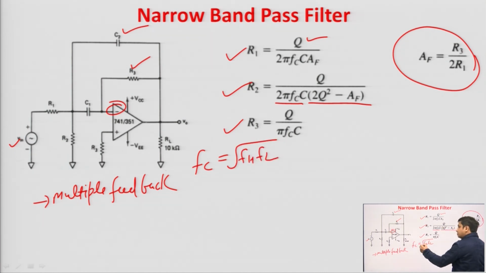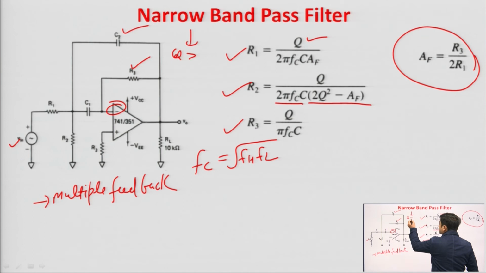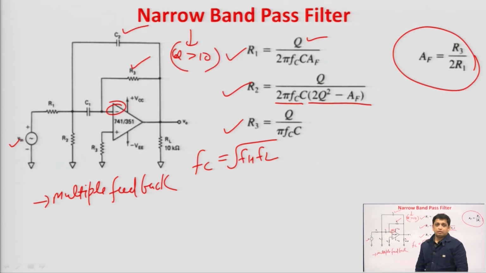That means under root upper cutoff frequency into lower cutoff frequency. So, in the narrow band pass filter the bandwidth is less, that is why it is called a narrow band pass filter. Normally we say that for a narrow band pass filter the quality factor Q is greater than 10, fine. So, these are the design equations for the narrow band pass filter.